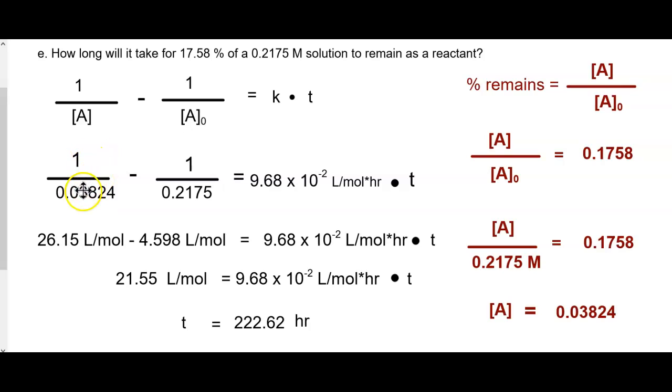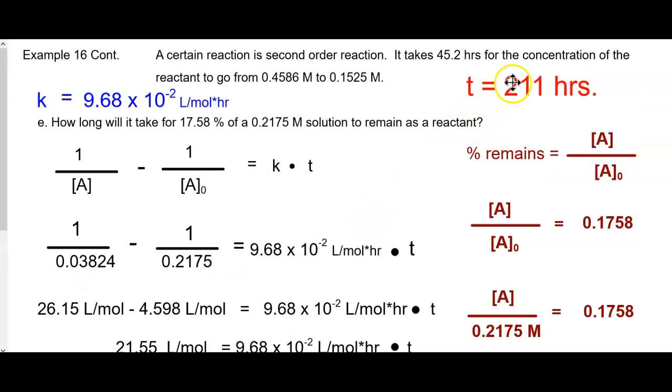When I do the 1 divided by this and 1 divided by this, I get these two values. I subtract them, I get 21.55. Set that equal to K times T. Divide both sides by K, and I get 22.62, or round it to, this was incorrect before, I'm making a correction here, this is 23. So T equals 223 hours.